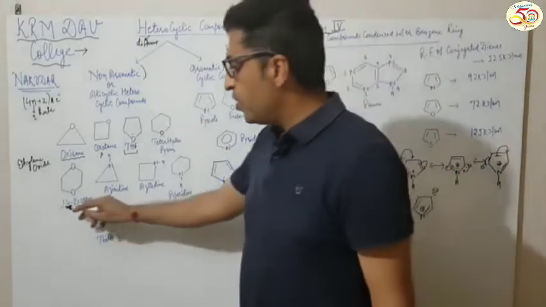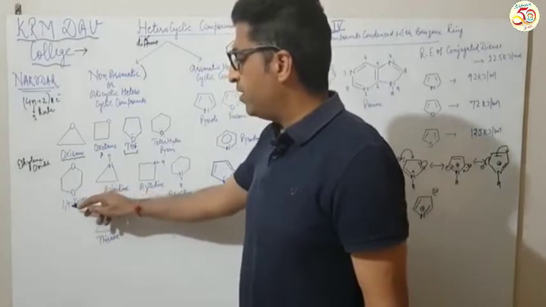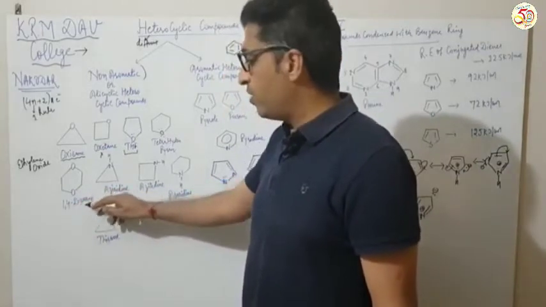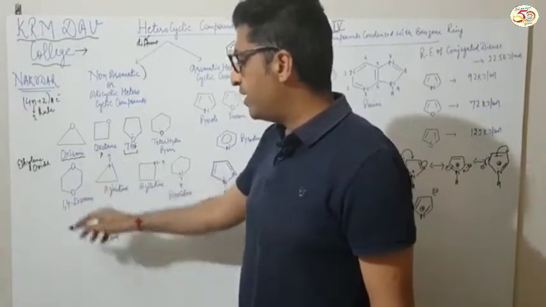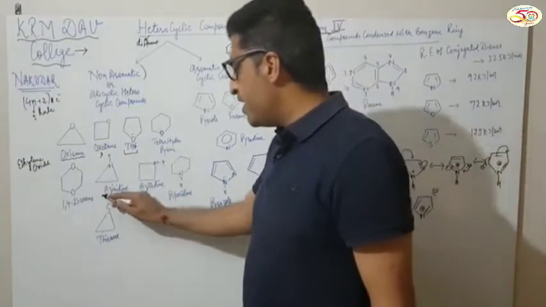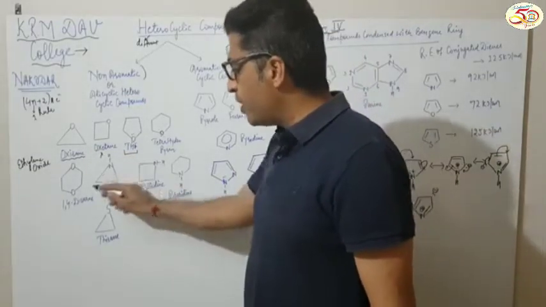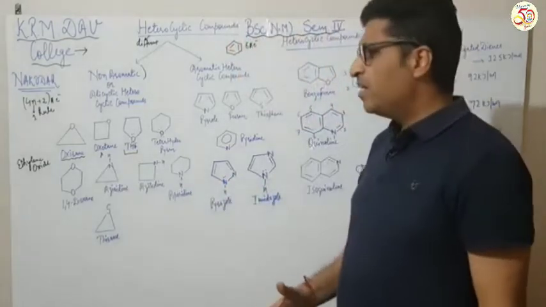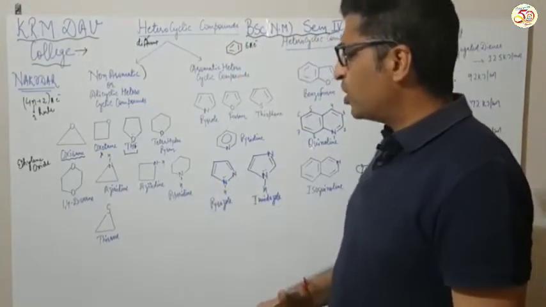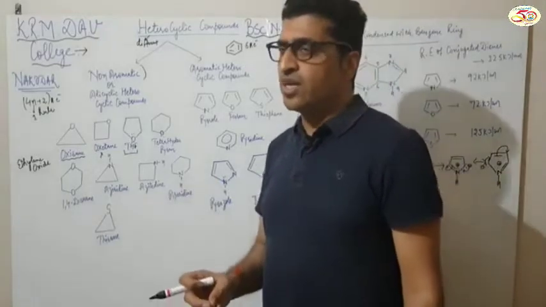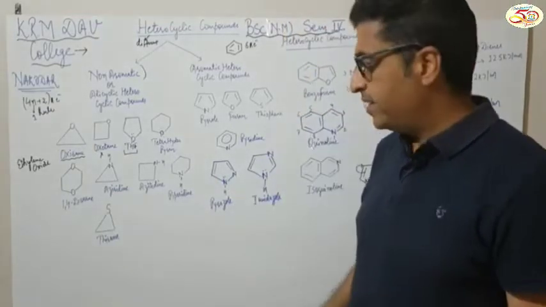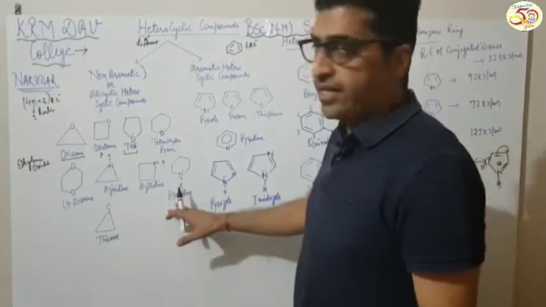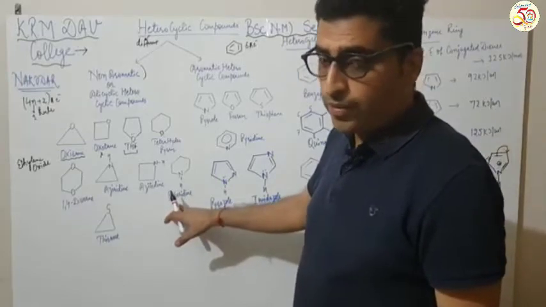Next one is 1,4-dioxane. I repeat, 1,4-dioxane, having 2 oxygens in the ring. Aziridine is a 3-membered ring where nitrogen is the central atom. We have so many examples, but I want to take only those related to our subject, like piperidine, again a very special molecule.